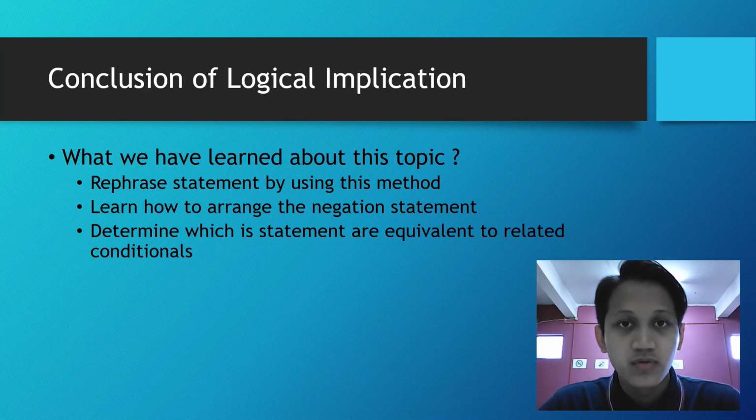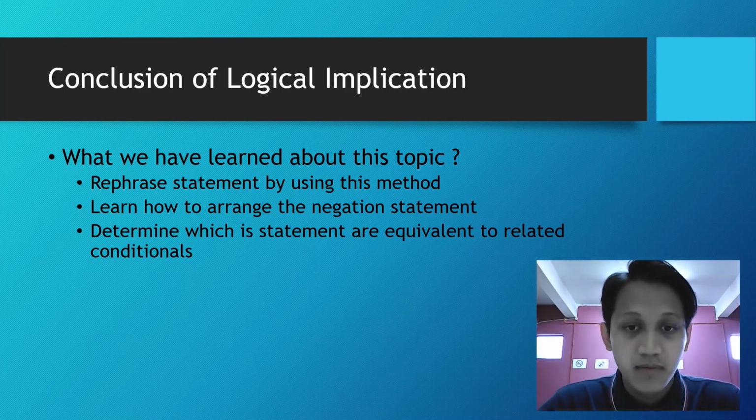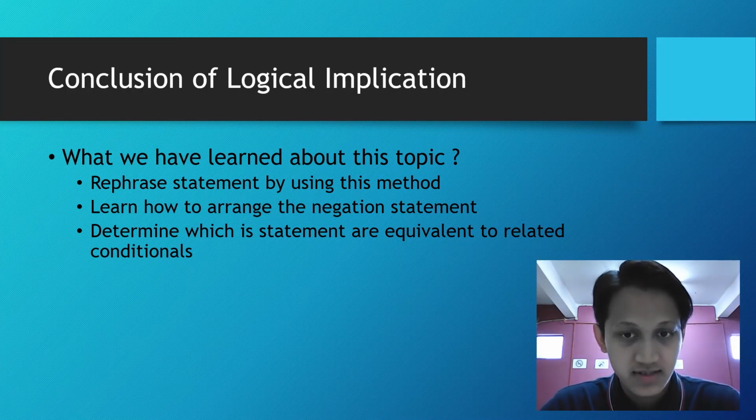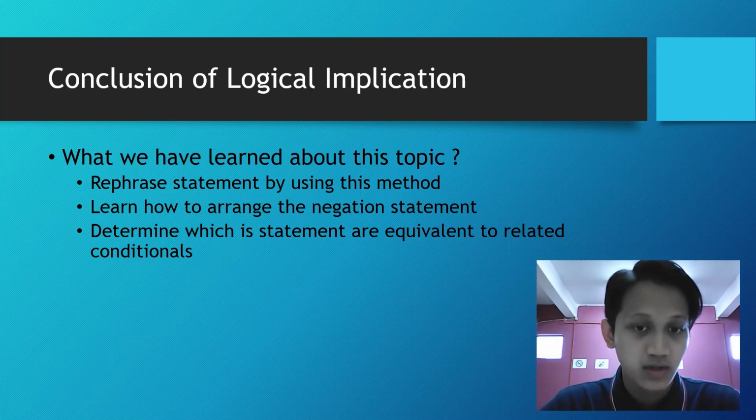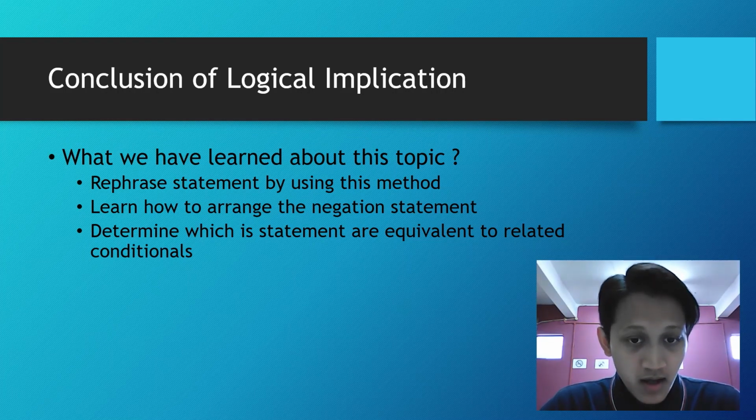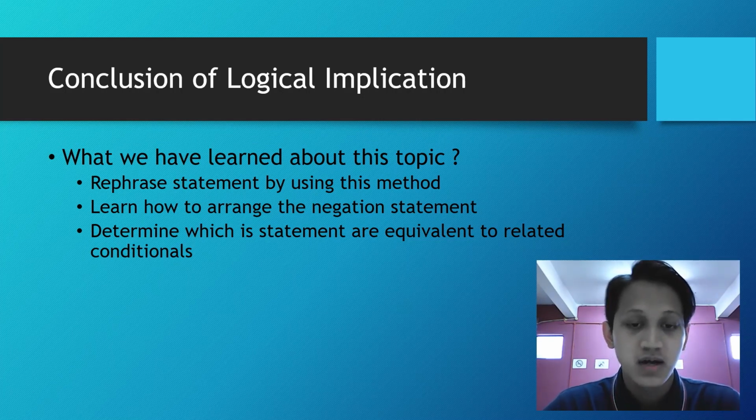Now we move on to the conclusion of logical implication, what we have learned about this topic. Firstly, we can replace statements by using this logical implication. We learned how to identify which is the antecedent and consequent. The rule of implication is that when the antecedent is true and the consequent is false, the statement is false.